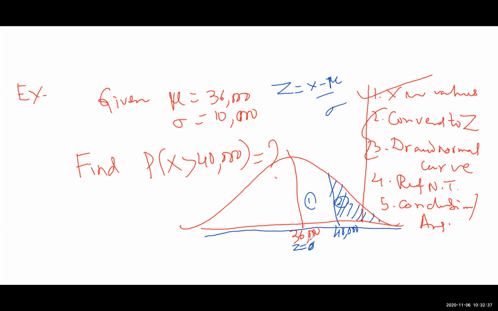It will always be 0. And when X is 40,000, what will be Z here? 40,000 minus 36,000, divided by 10,000. It will be 0.4.